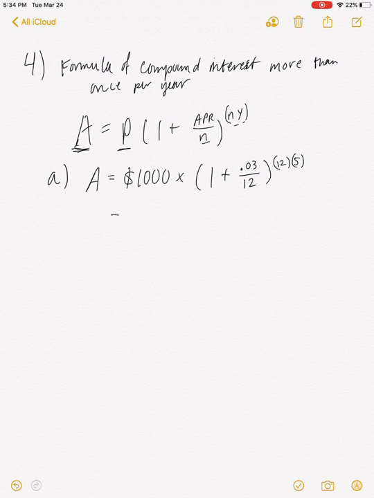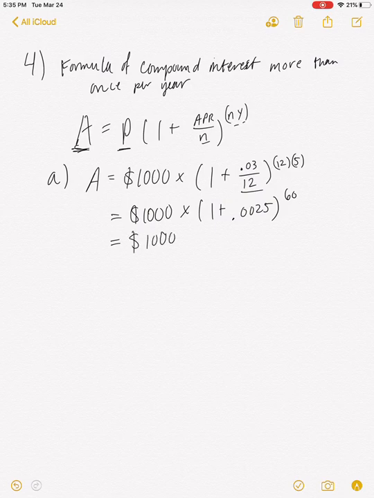Okay. So we're going to simplify this here, 1,000. I'm going to start by simplifying this part in here. 1 plus, now 0.03 divided by 12 is 0.0025. And then 12 times 5 is 60, so you're going to have 60 compounds total for our calculation. So 1.0025 to the 60th power. And then we're going to do that in our calculator, so this last part is going to be about 1.16.